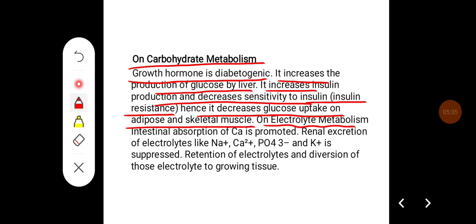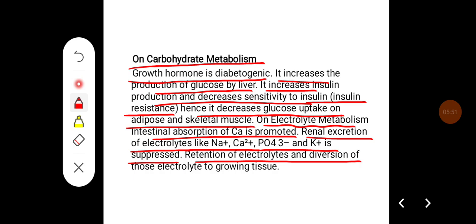Now its effect on electrolyte metabolism. Intestinal absorption of calcium is promoted, and renal excretion of electrolytes like sodium, calcium, phosphate, and potassium is suppressed. It also causes retention of electrolytes and diversion of those electrolytes to the growing tissues.